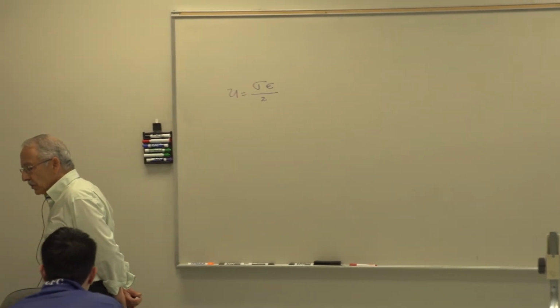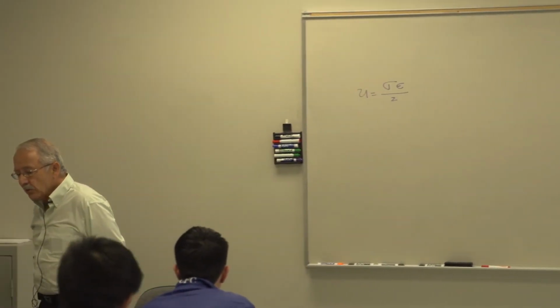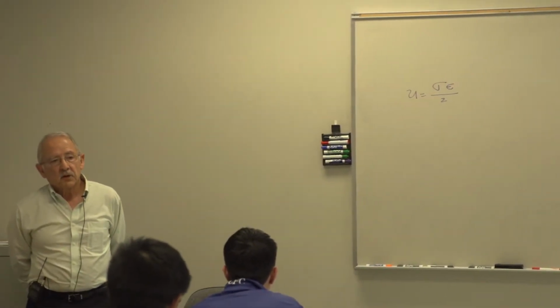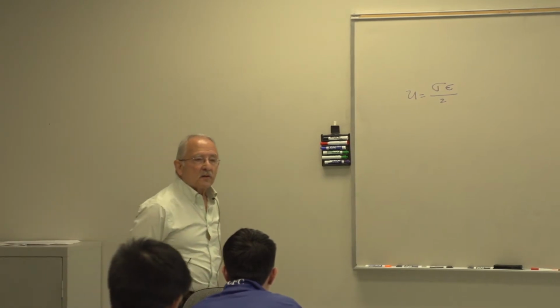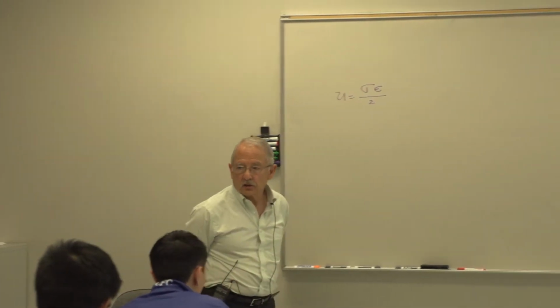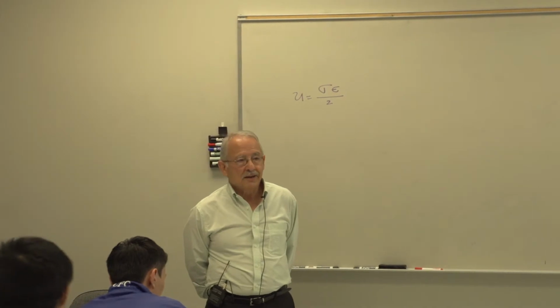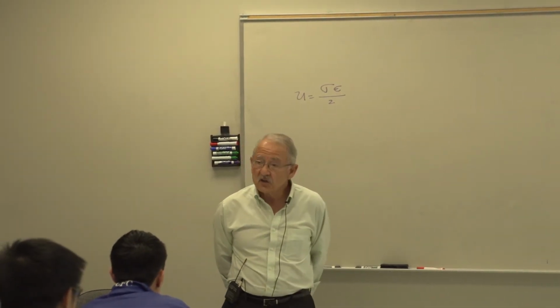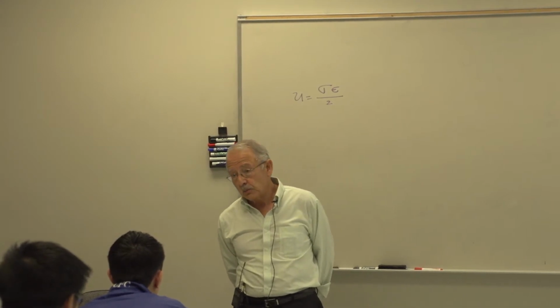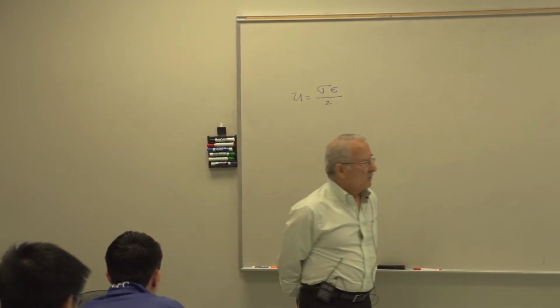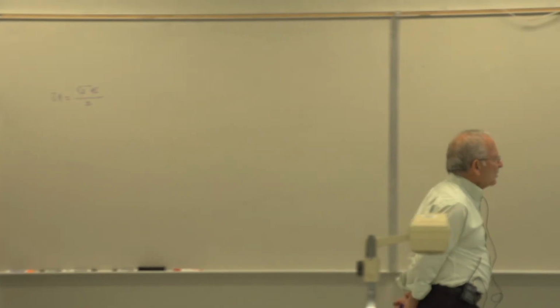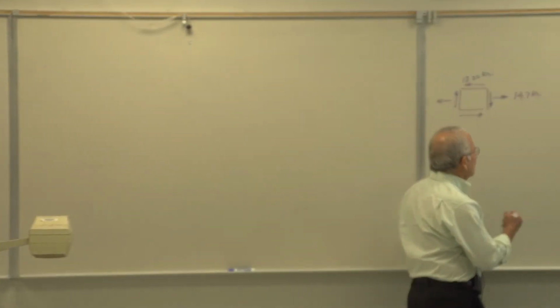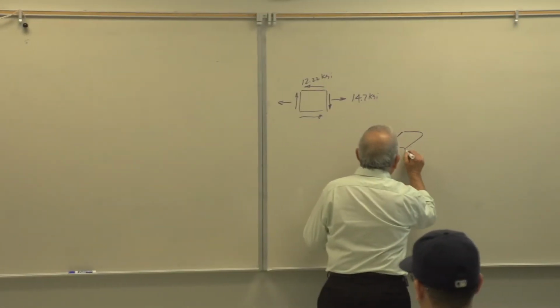The strain energy that we are interested in is that part that produces distortion, meaning change of angle, change of shape, not change of size, but change of shape. I don't recall whether I gave you this example or not, but it's very quick to do.